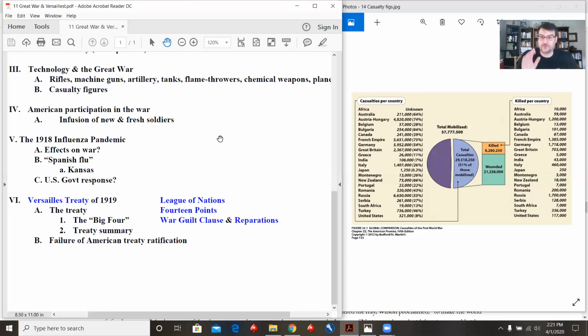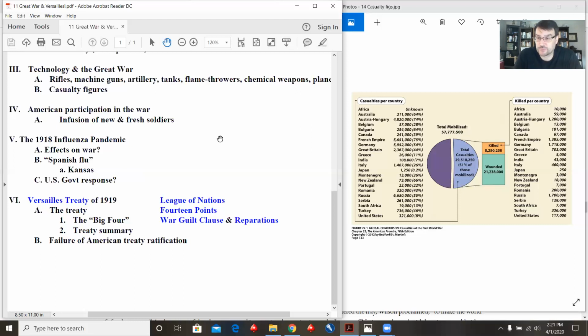Now, probably slowing down that late 1917 into 1918 offensive was the 1918 influenza pandemic, which ravaged the German forces and was probably, we don't know for sure, one of the reasons the Germans were not able to pull off this last-ditch attack.